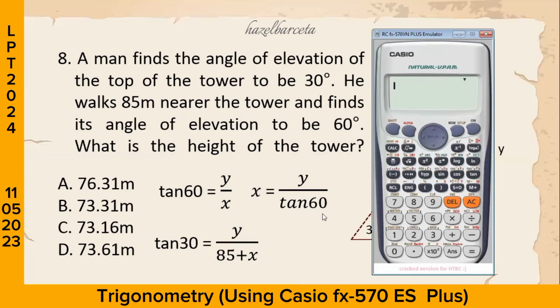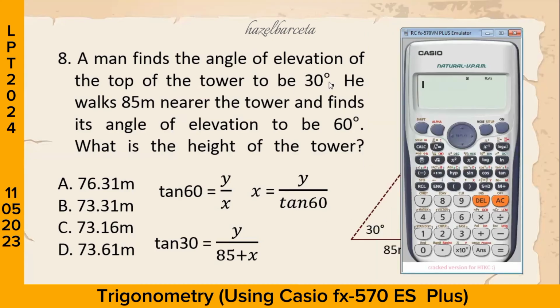Mode 1. And degrees po ulit kasi naka 30 degrees ang ating angle. So, tangent 30 is equal to, gawin po nating x pa rin, si y, and 85 plus yung x po natin.